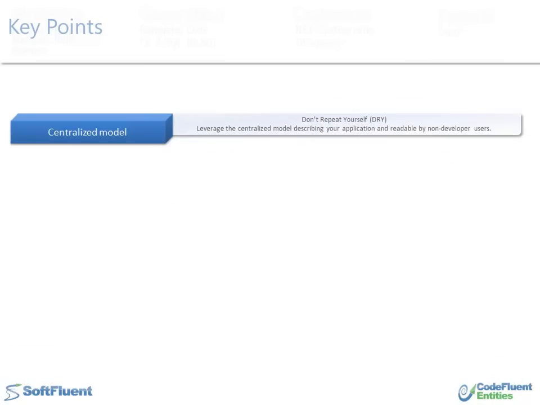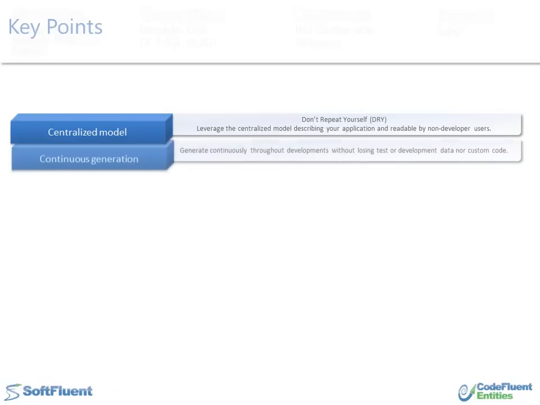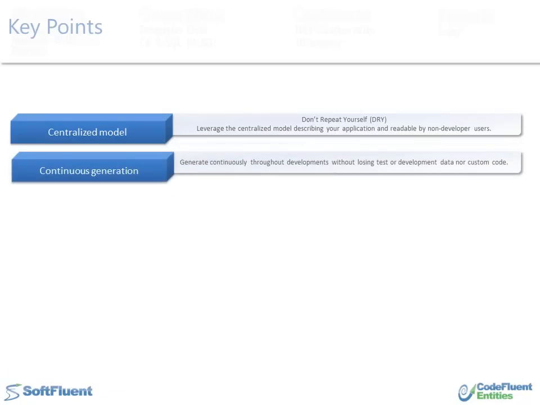So to sum up what you've seen in this demo, the key points using these tools are that first, you're using a centralized model. You don't ever repeat yourself. You're not going to have a UML model here with several diagrams, and another mapping model there. It's a single model inside Visual Studio that drives all your development, and this is possible thanks to the second key point, which is that you can generate continuously. Generation is not a one-shot action, but instead, as we've seen a little in the demo, you can do this until your scope is complete.